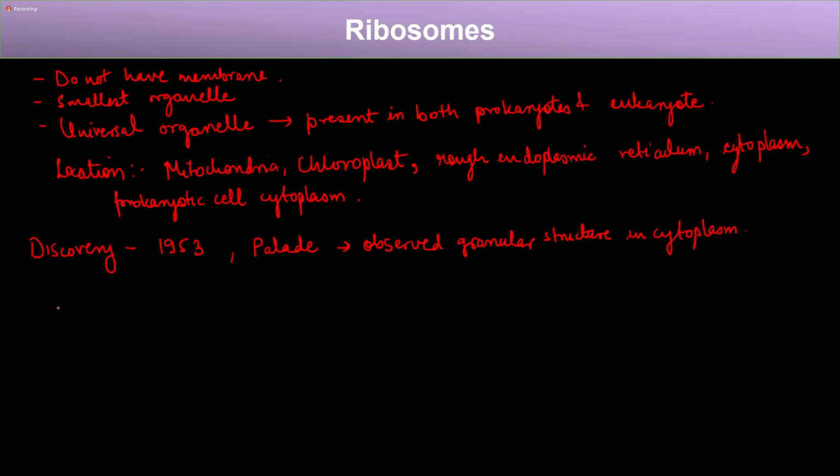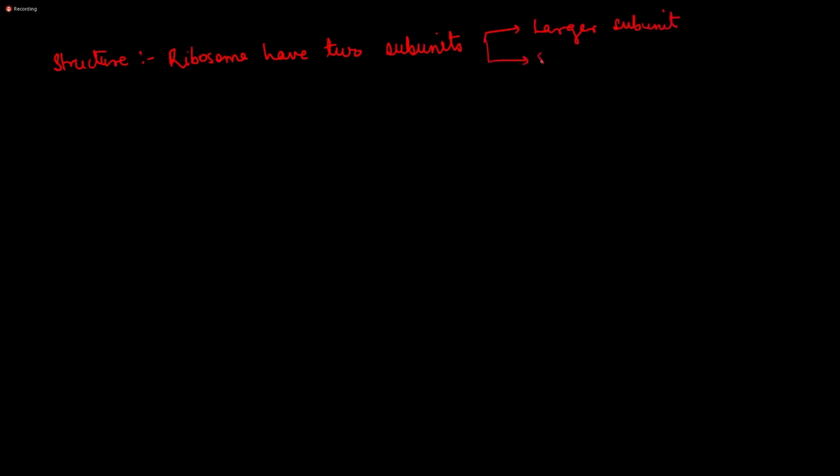Now, if we talk about the structure of a ribosome, ribosomes have two subunits. One is the larger subunit and one is the smaller subunit.